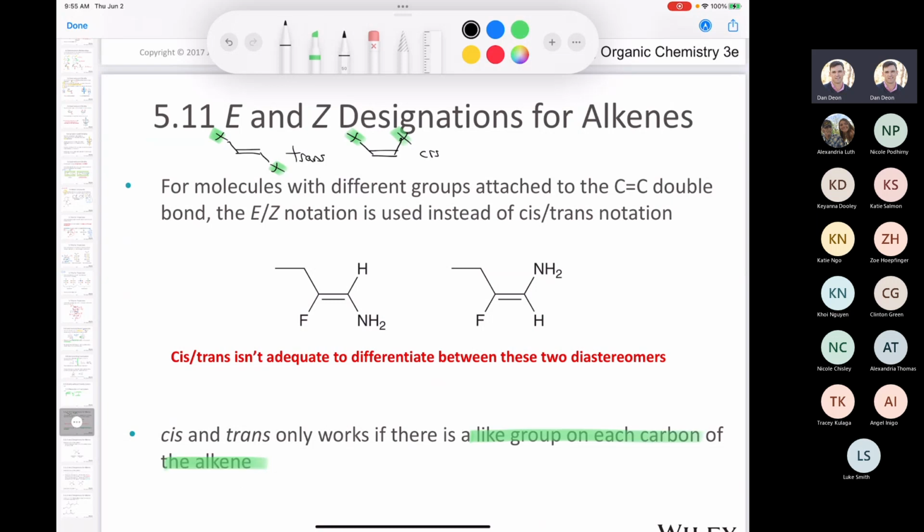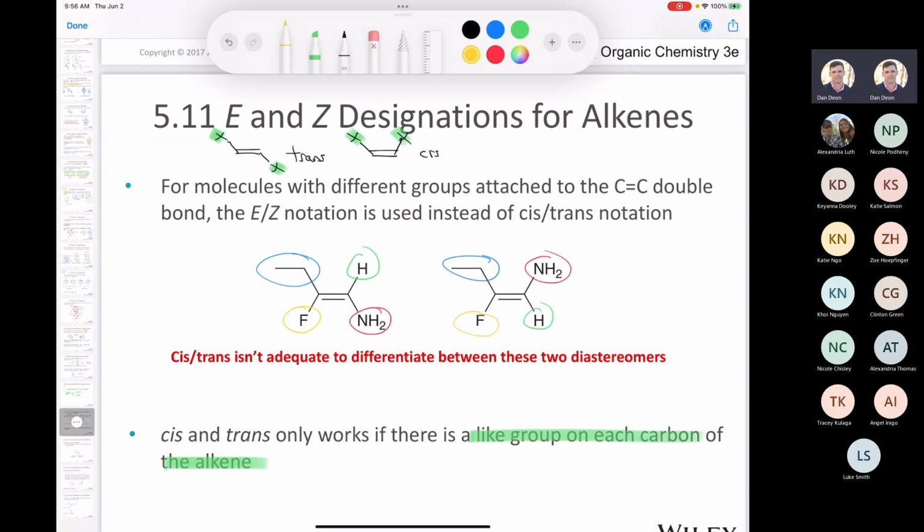You've got four different groups: this ethyl group, an amino group, a hydrogen, and a fluorine. Four different groups, but again, these two compounds are diastereomers of each other, and we can't use trans or cis, so what do we use? We use E and Z.